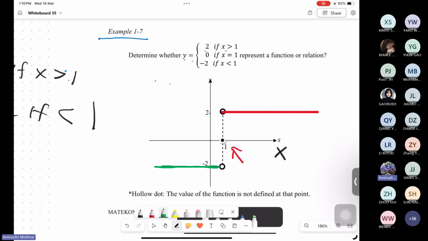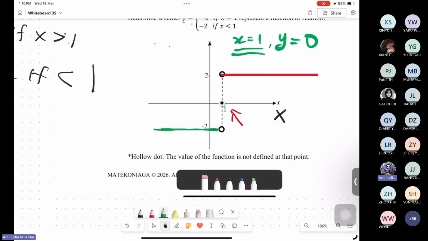But when x equals 1, y equals 0. So the value of y exists at this point only. When x is greater than 1 or less than 1, the value of y is not 0. It is 2 and -2.